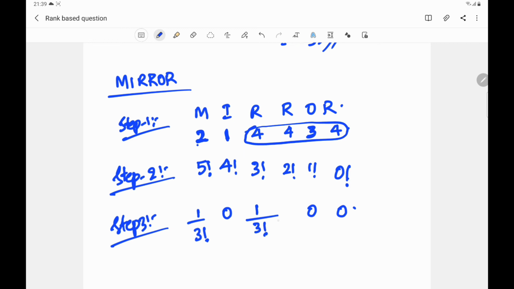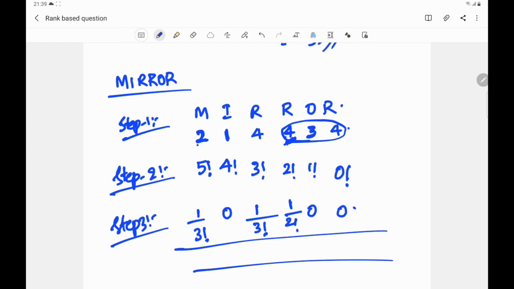So how many things are repeated? 3 factorial. Similarly for this 4, to the right side of 4 there is 3, so there is 1 that is less than 4. How many are repeated if we take these 3 including this rank? There will be 2 factorial. Now add all these things.